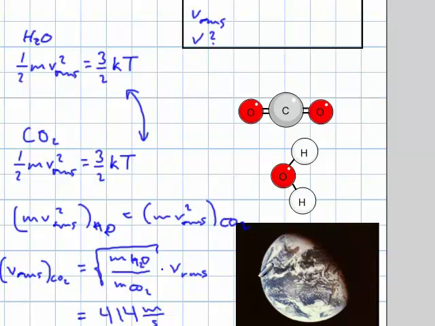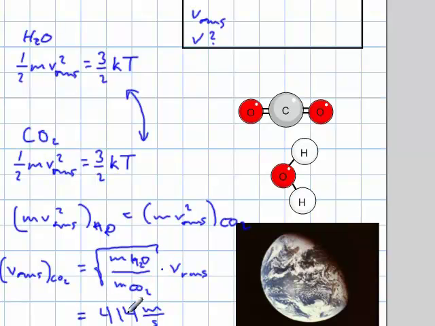If molecules are fast enough, they can actually leave the Earth, and that is called the escape velocity. That escape velocity for Earth can be calculated from an equation that may or may not be in our book in some other place, and comes out to about 11,000 meters per second.